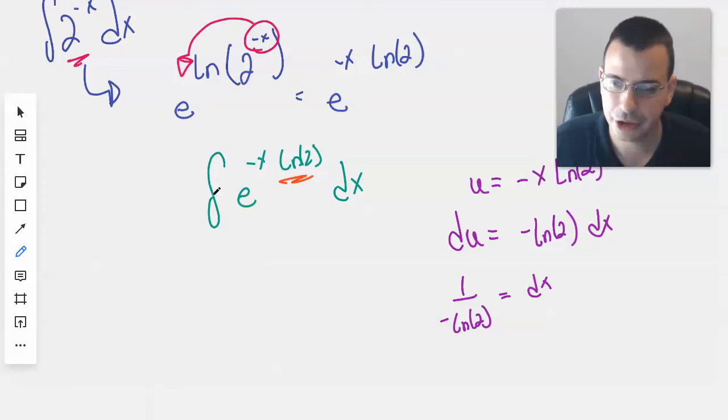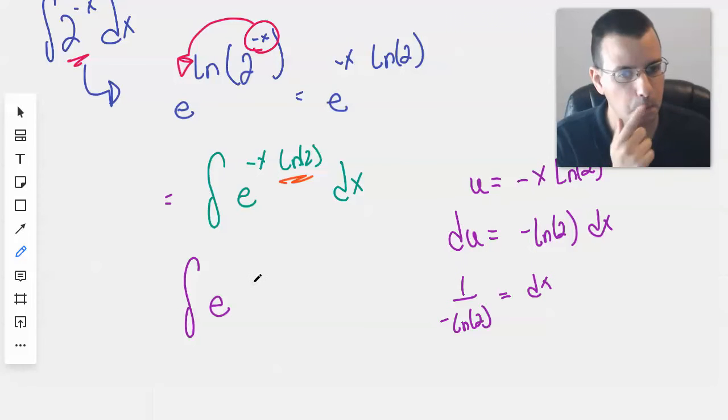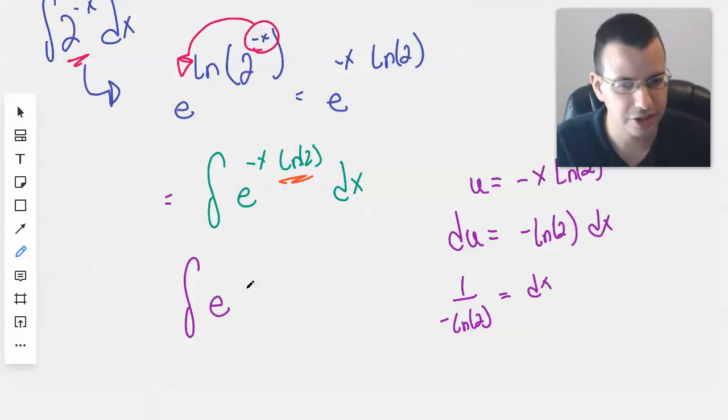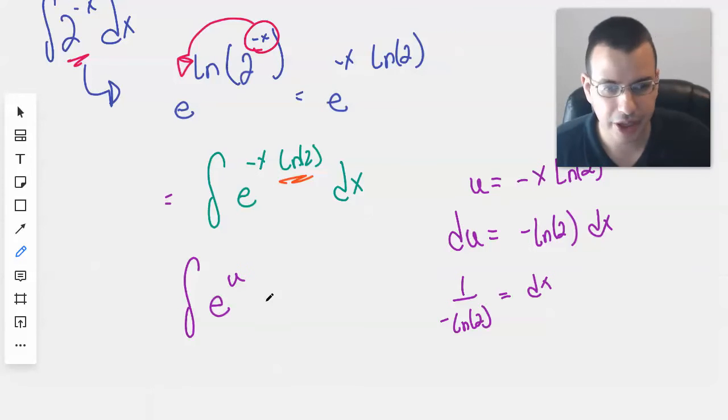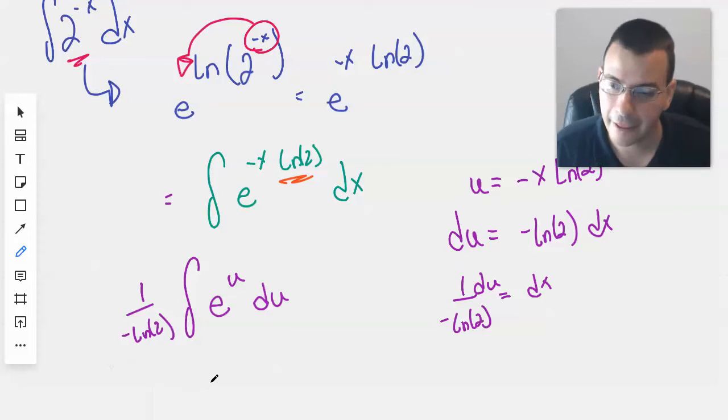Okay? So then rewriting this, we have the integral of e to the u, and then dx becomes, oh, see a little du in there, du times 1 over negative natural log of 2.